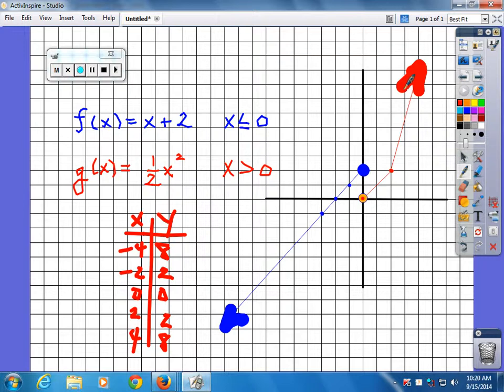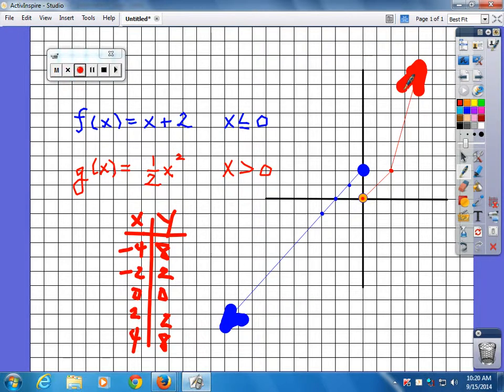But what about x is equal to 0? Well, is 0 going to be used in the piecewise function? Yes. Now, is it going to be used in both functions? No. But is it going to be used in the piecewise function? Yes. So the domain is negative infinity to positive infinity. The range, negative infinity, positive infinity, are all real numbers.